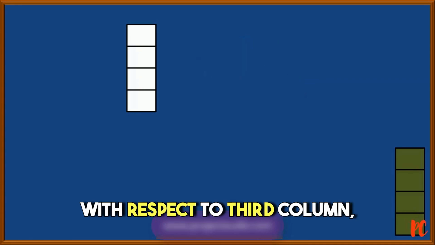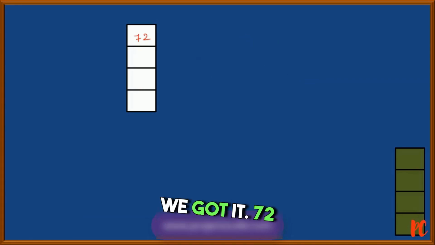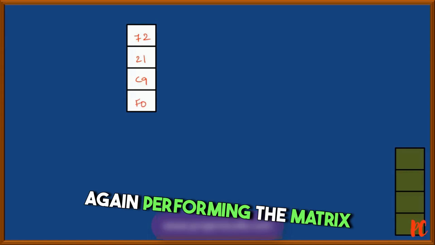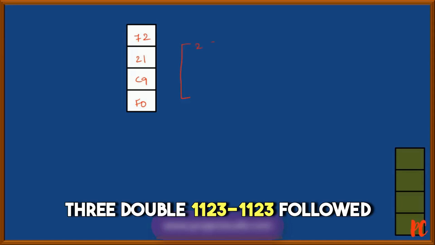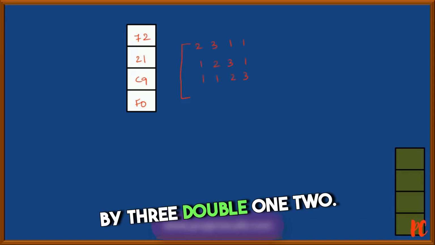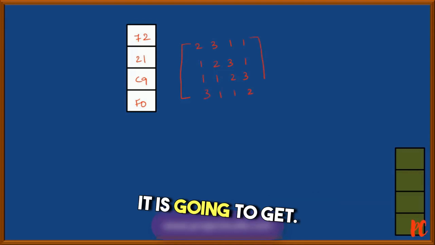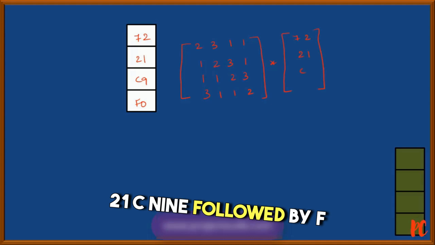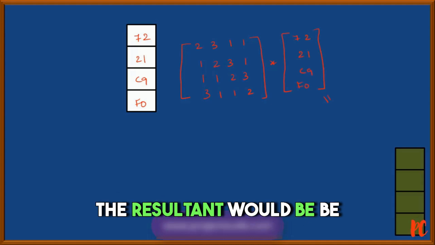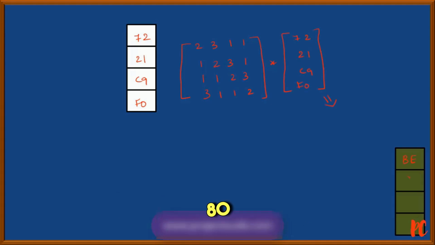Similarly, the third column is 72, 21, C9, F0. Again performing the matrix multiplication with the predefined matrix 2311, 1231, 1123 followed by 3112, computed with 72, 21, C9 followed by F0, the result would be BE, 80, D1 followed by 85.